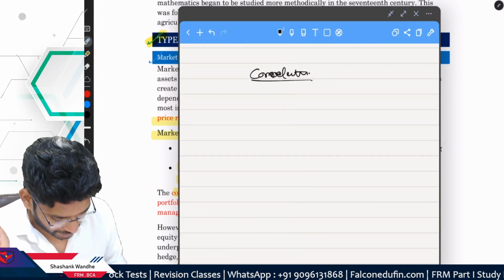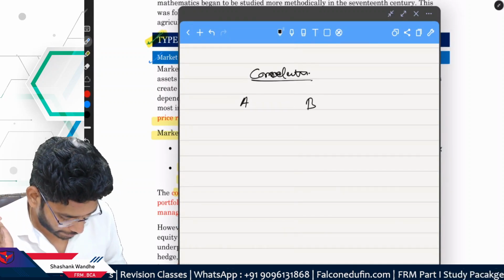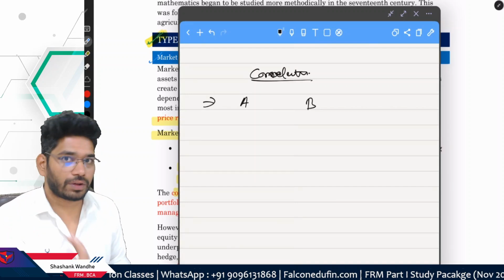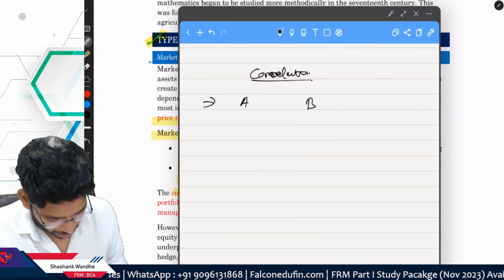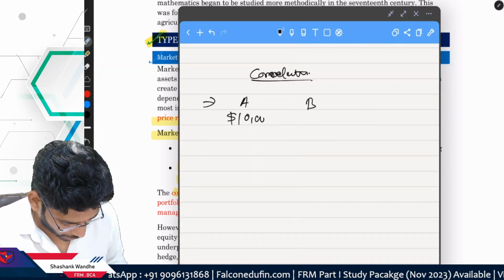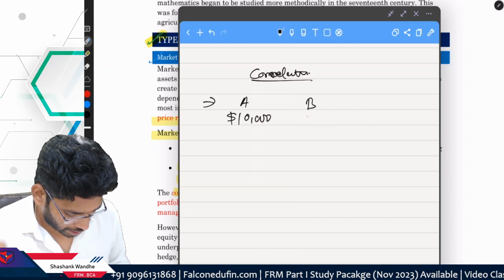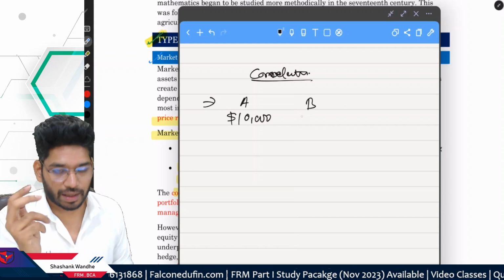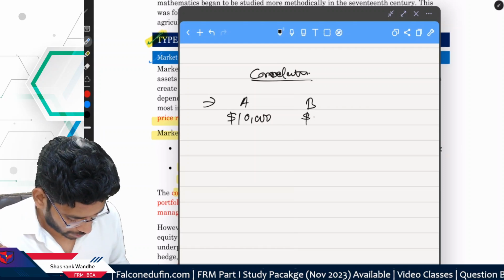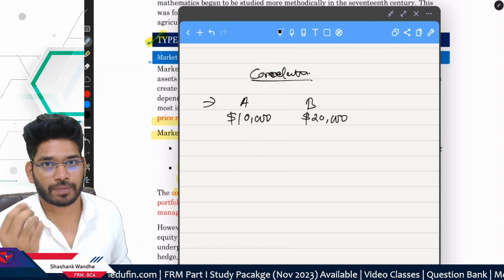Correlation simply means there are two assets, asset A and asset B. You are holding both the assets, both the shares. Maybe $10,000 worth of asset A, and then $20,000 in asset B. Shares and assets are replaceable here.